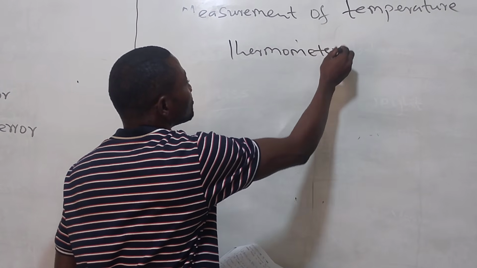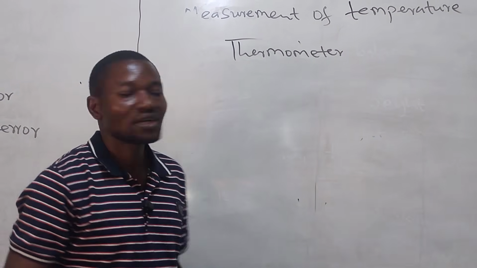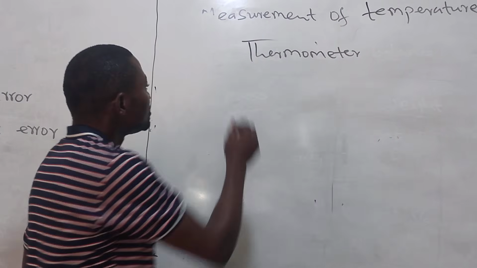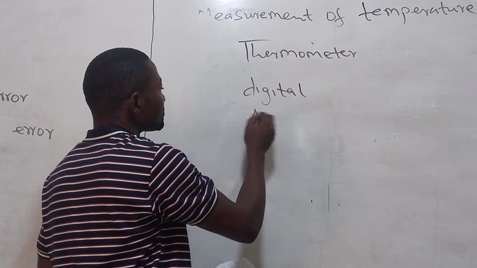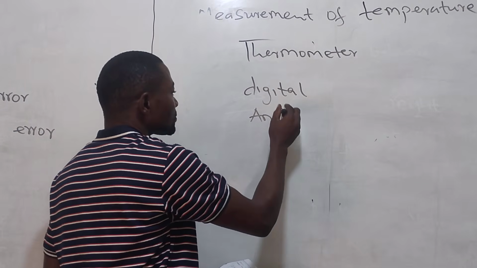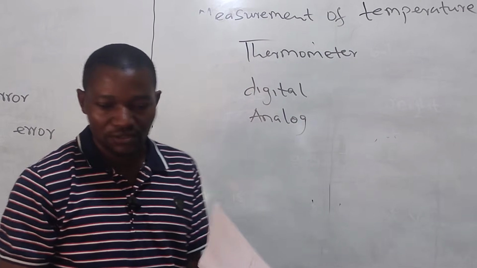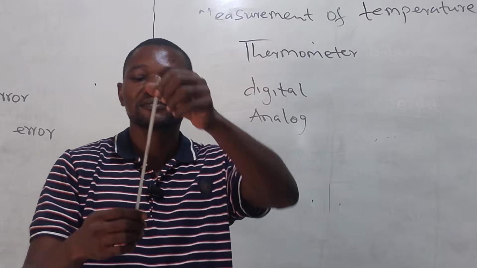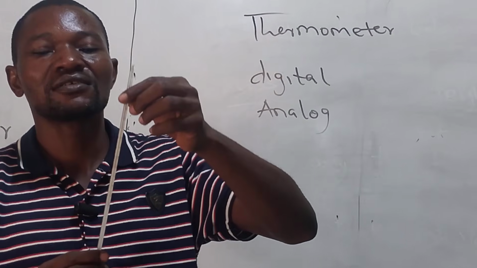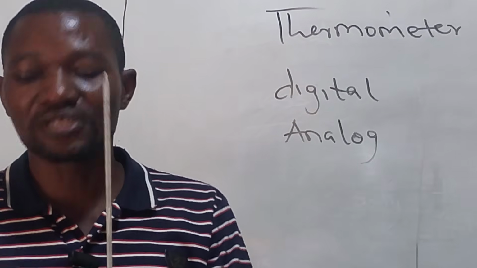And we have two types of thermometer. We have the digital and analog thermometer. I have a thermometer here. This one is an analog thermometer.